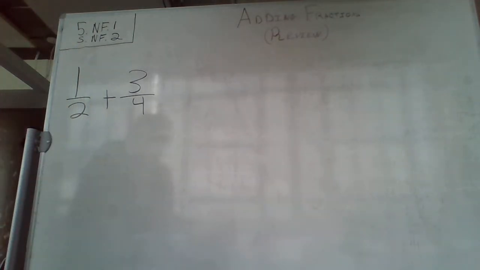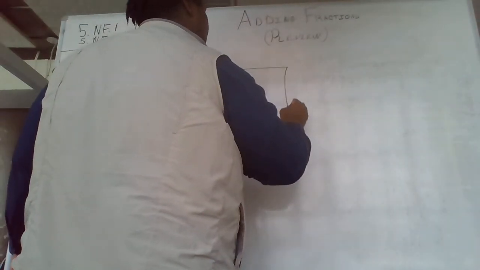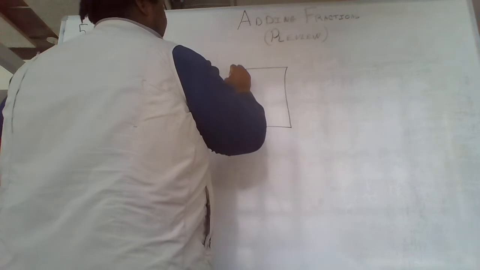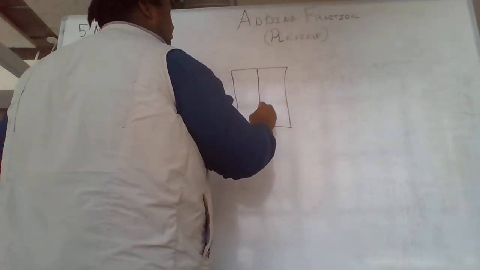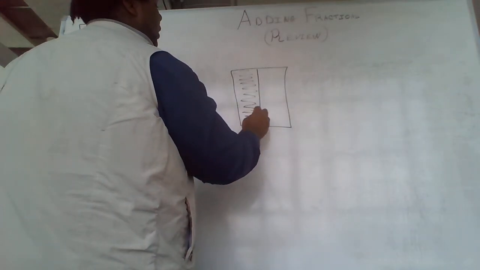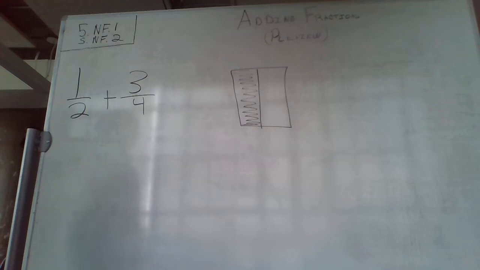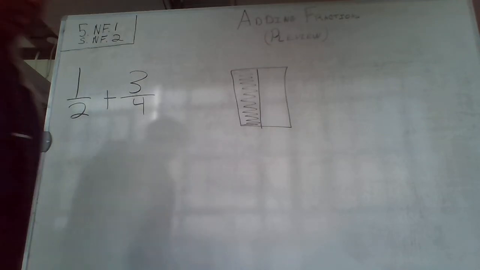All right, and so what does 1/2 look like? Okay, I'm going to use a rectangular fraction model to represent 1/2. Okay, now I'm going to shade in 1/2 of that model. Okay, do you see that? Okay.